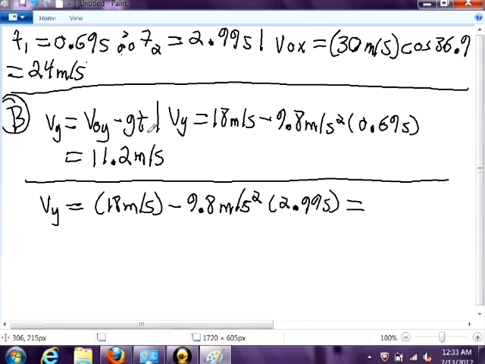Okay, so let's see what that is. Alright, so we got 11.3. Negative 11.3.